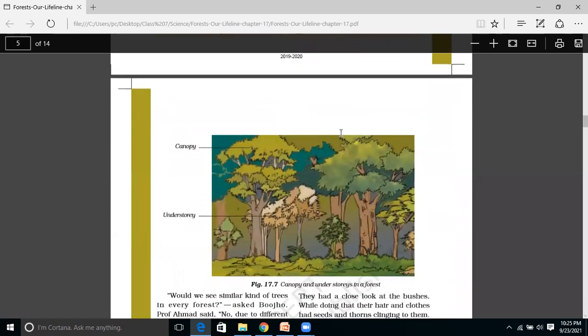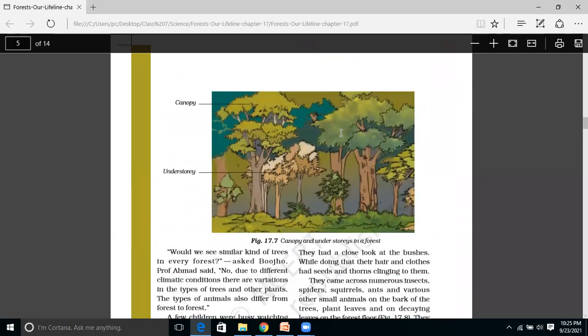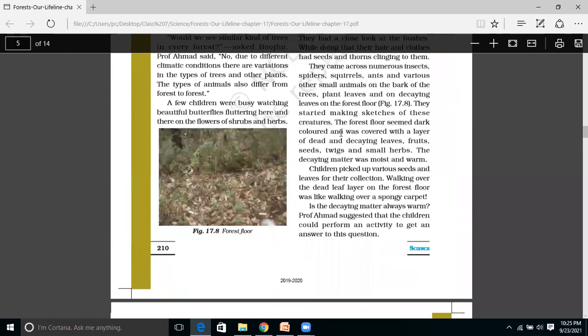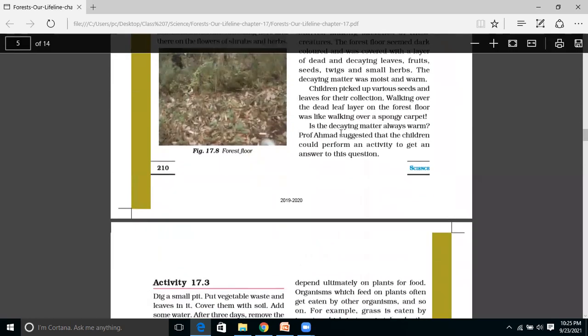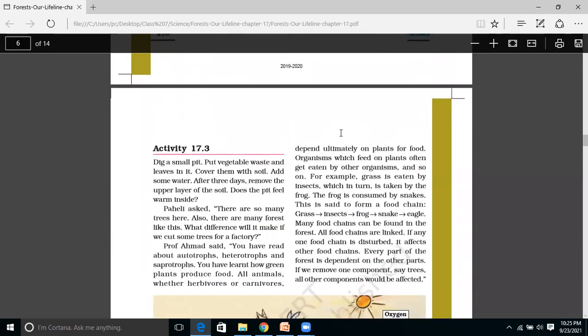Then we saw the three layers of the forest and not forgetting the forest floor. Today we shall continue learning about forest.